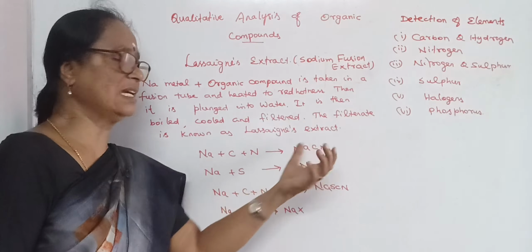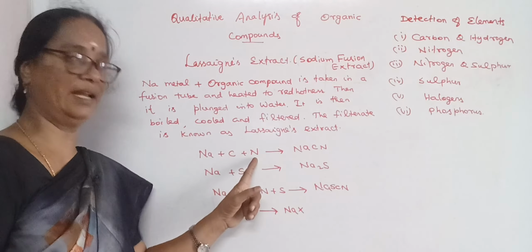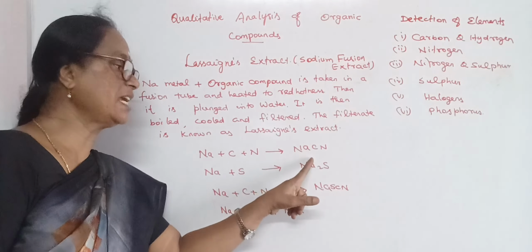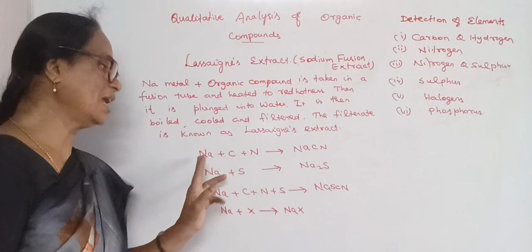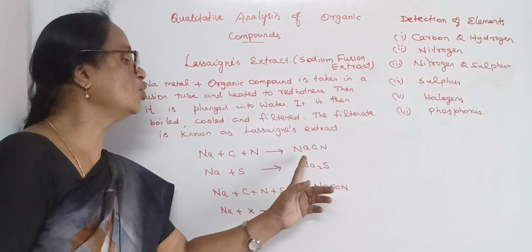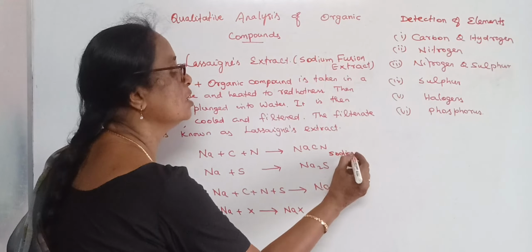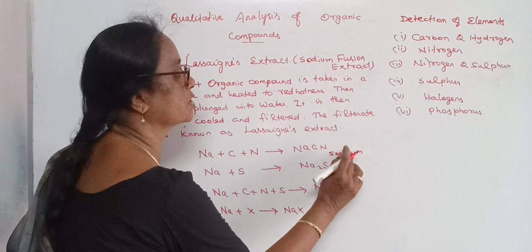So what does that filtrate contain? If the organic compound contains nitrogen, then the sodium metal reacts with the carbon of the organic compound and the nitrogen to form sodium cyanide. So you will get sodium cyanide solution.